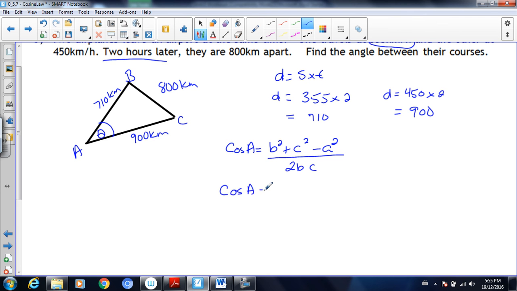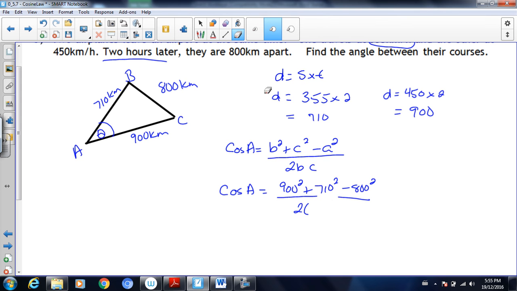Cos of angle A is equal to b squared, which is 900 squared, plus 710 squared minus 800 squared, all over 2 multiplied by, sorry, that's not 800, 2 multiplied by 900, b was 900, multiplied by 710.